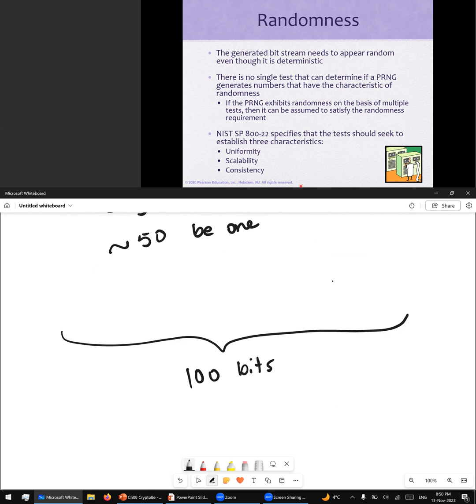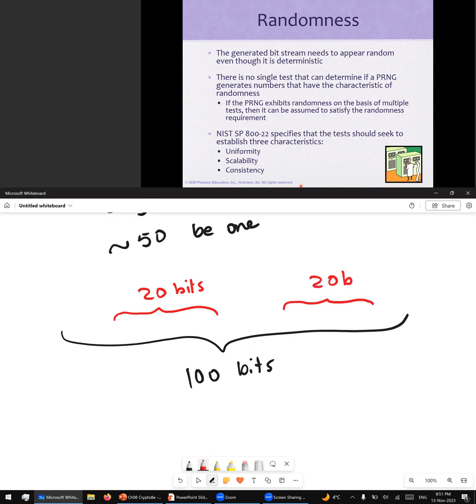Although this is a very small number, we generally generate random sequences within thousands of bits. But just for the sake of simplicity, if I take 20 bits over here, these 20 bits will also look random inside this 100 bits. If I take another 20 over here, this subsequence of 20 bits will also be a random value.